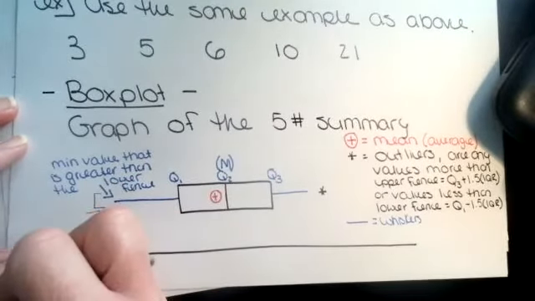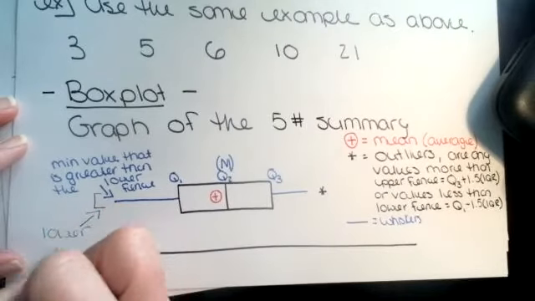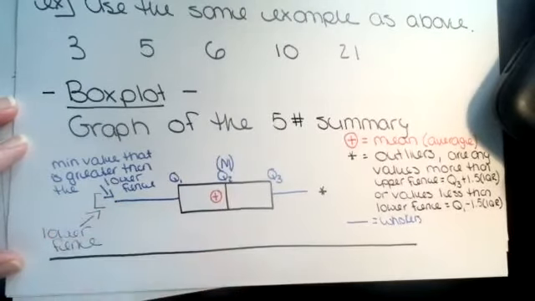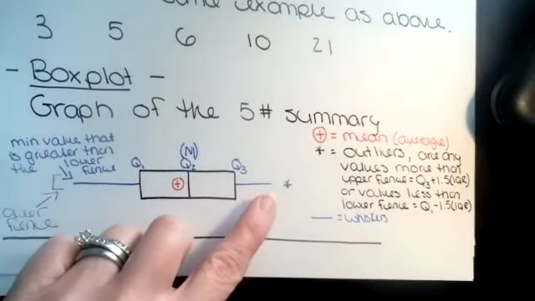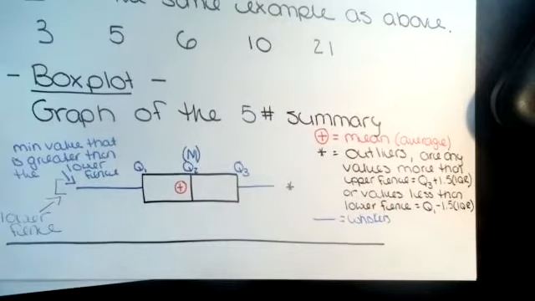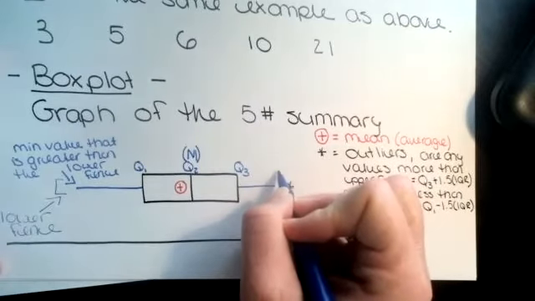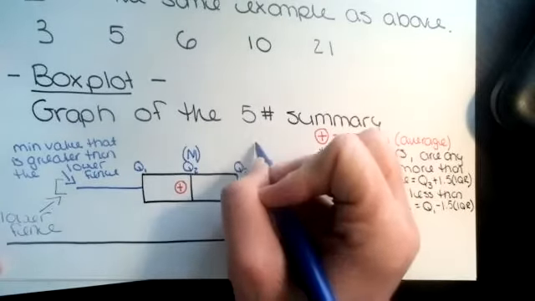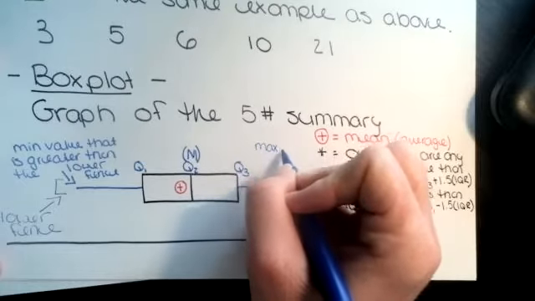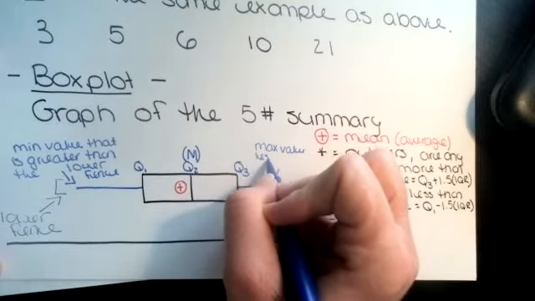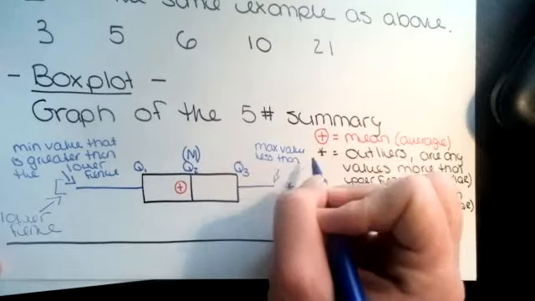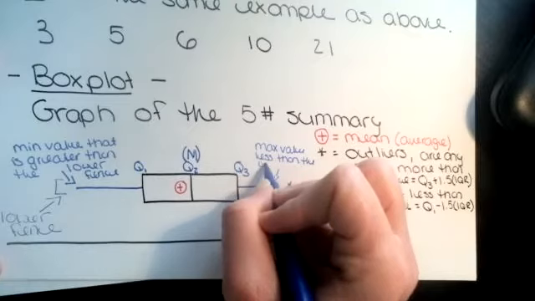This is my lower fence. Then the same idea up here on the upper side. This value where this ends is the max value less than the upper fence.